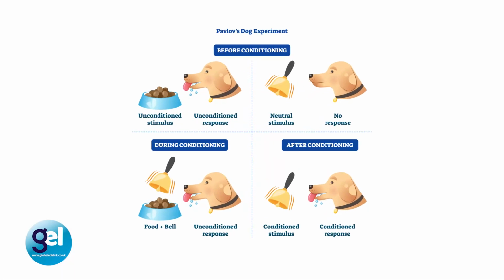Pavlov noticed the dogs salivating in anticipation of food. He conditioned their behaviour by adding a stimulus of a bell. The bell was then linked to anticipation of food. Pavlov had conditioned this, as the bell alone at first would provide no response.